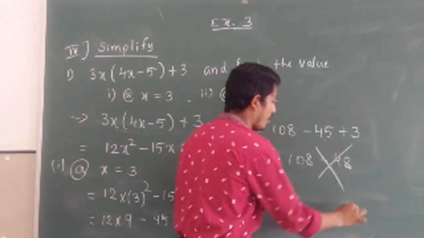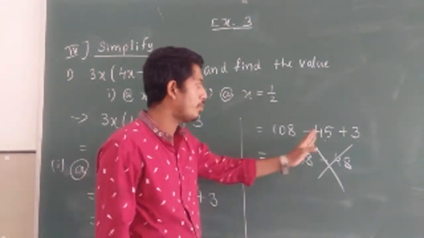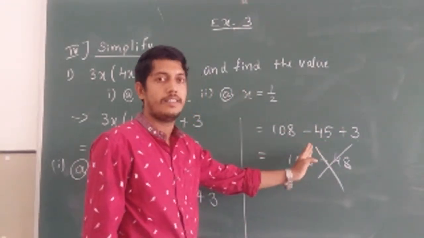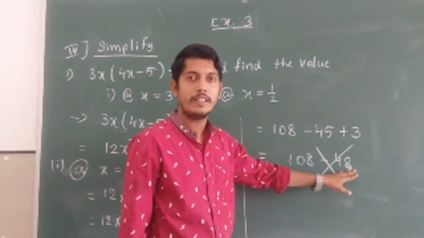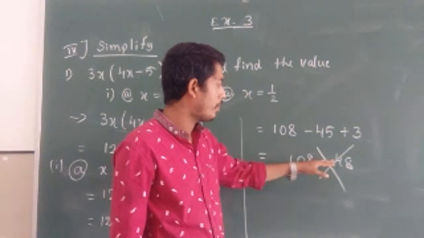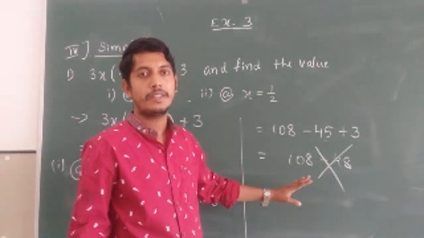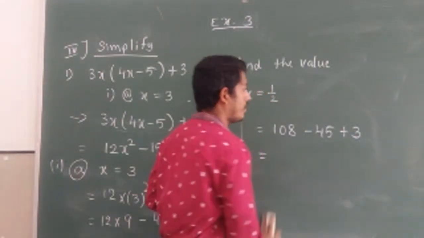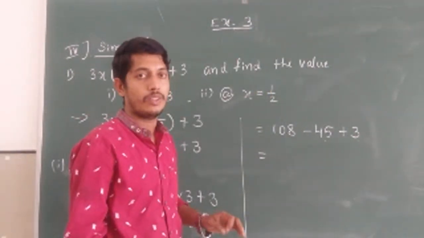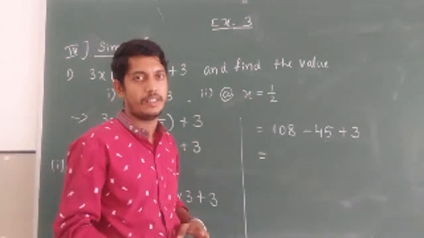This process is wrong. You have to consider the term along with the sign, that means minus 45 plus 3.